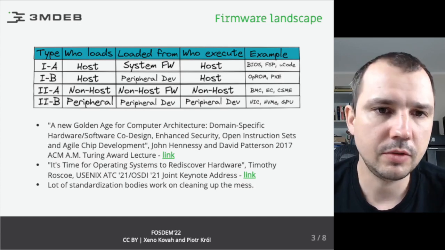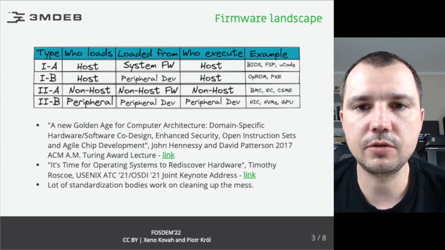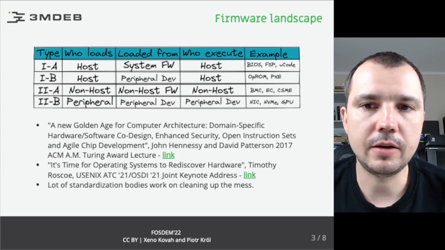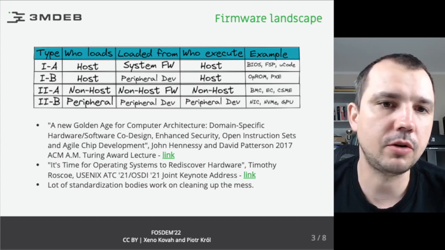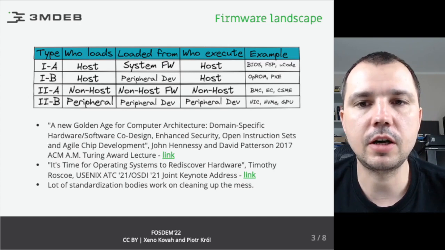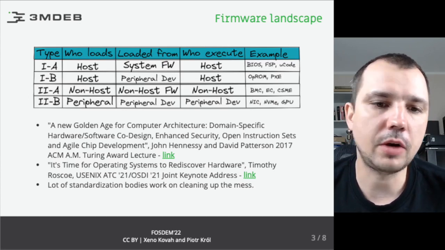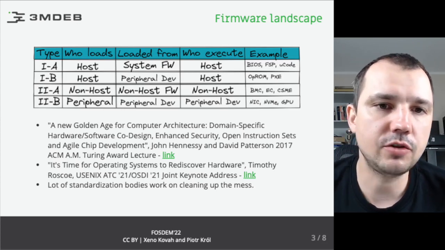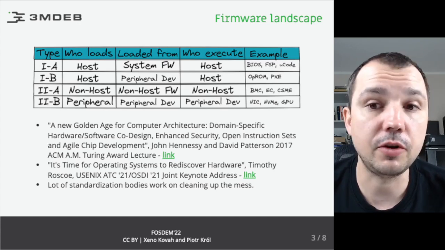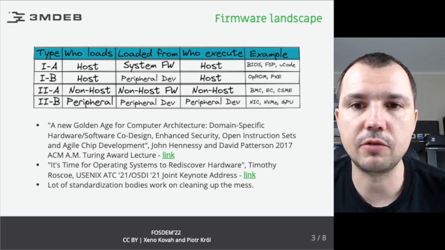Feel free to watch that. It's a very good lecture explaining what they mean by a new golden age, and why we will face more and more platform components in the form of domain-specific hardware-software co-designs, which from this room's perspective you can read as additional microcontrollers with their own firmware or their own software stack.